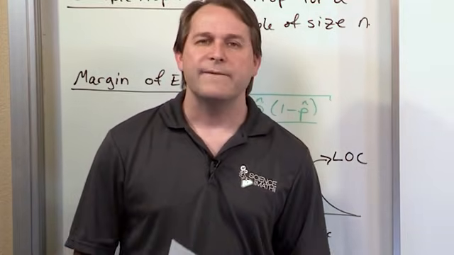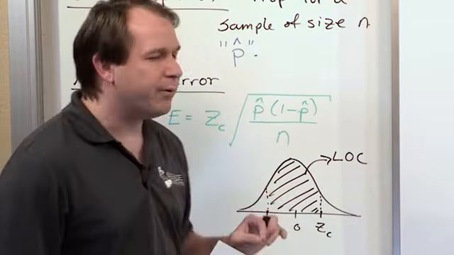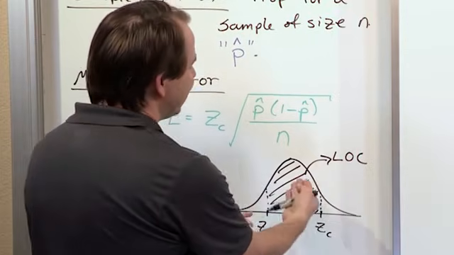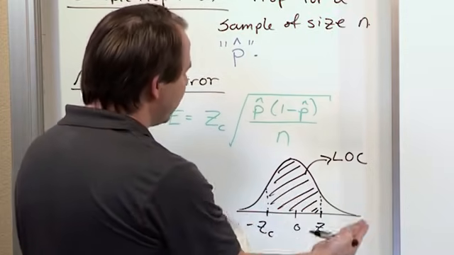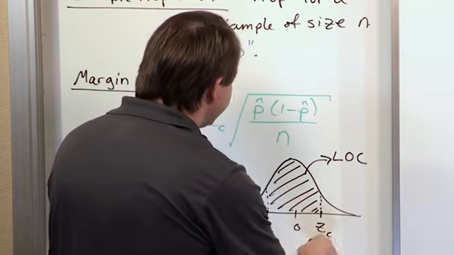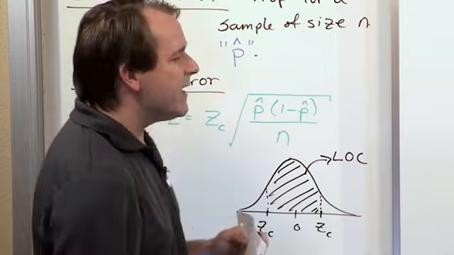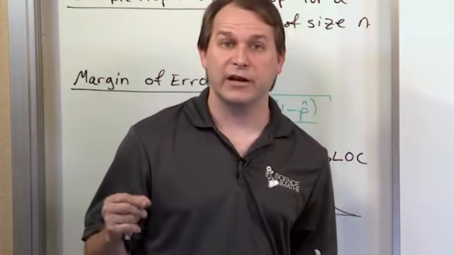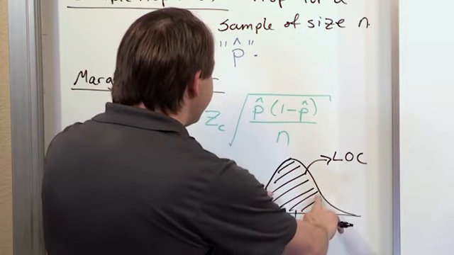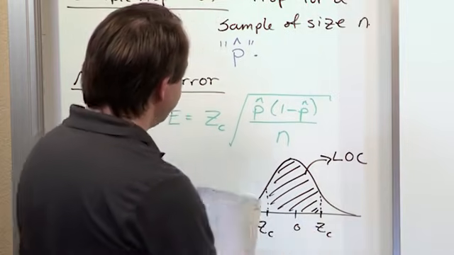For instance, if I was doing a problem with 95% level of confidence, the area in here would be 0.95. When you lock down the level of confidence, whether it's 80% or 75% or whatever, you're locking down this area and you're locking down the value of Z sub C. They're going to go out or in depending on the level of confidence of your problem. If I'm doing a 99.99% confidence test, since it's 99% area in here, these are going to be shifted way out and Z sub C is going to be bigger, okay?